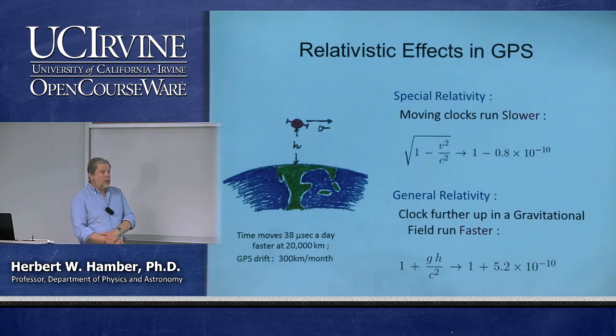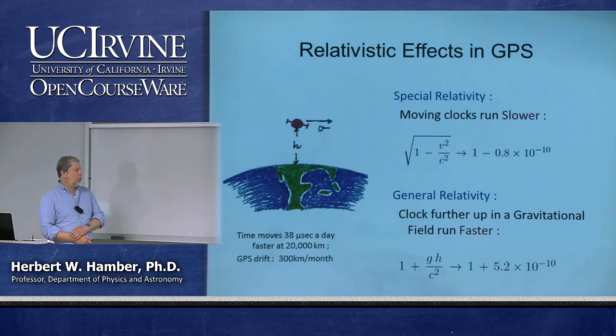And so again, in the GPS system, you have corrections which are, on the one hand, due to special relativity, because these clocks are moving at a velocity v, and these effects are of the order of 10 to the minus 10. And you also have the relativistic correction that we discussed in class, which has this form, right?